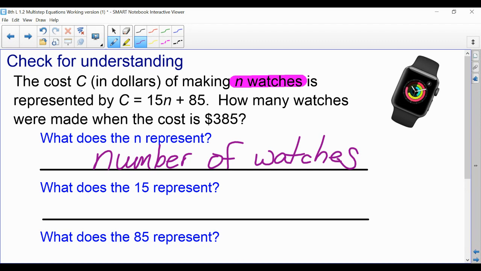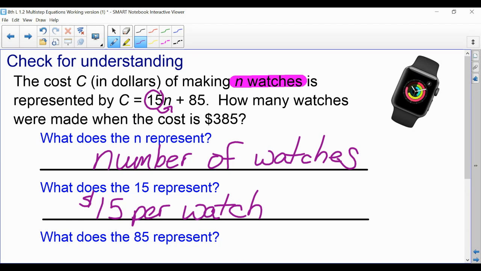What does the 15 represent? So we're talking about cost in dollars per watch. So it's $15 per watch that you're going to make. So whatever materials you get together to make that watch, right?